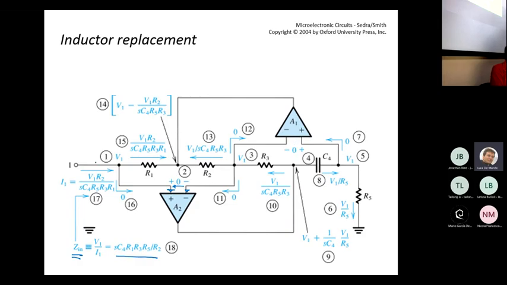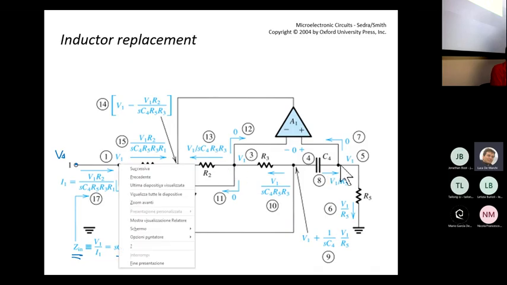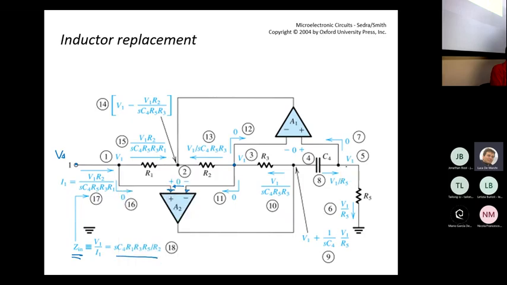So the idea is that if we are applying V1 to this node, this means that V1 is duplicated here, here, and here. So V1 is the same voltage which is applied to this resistor, because of the virtual short circuit induced by the op-amps.